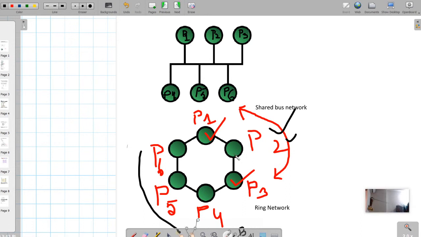Okay, the question was that while P1 and P3 are communicating with one another, can P2 communicate with P6 at the same time?